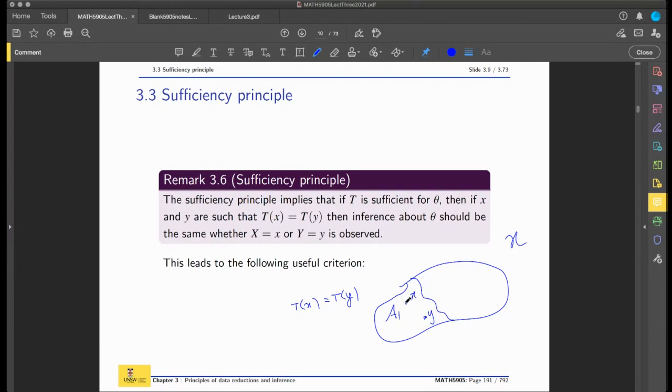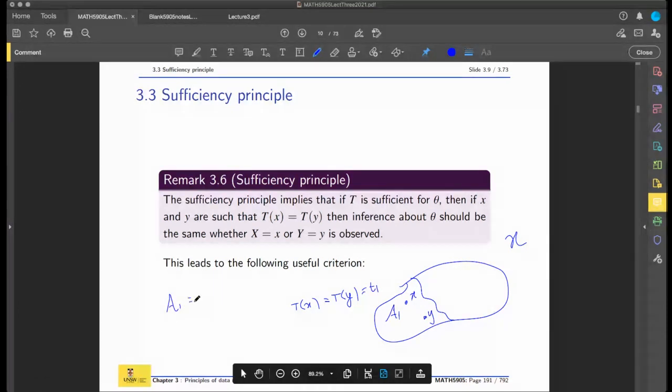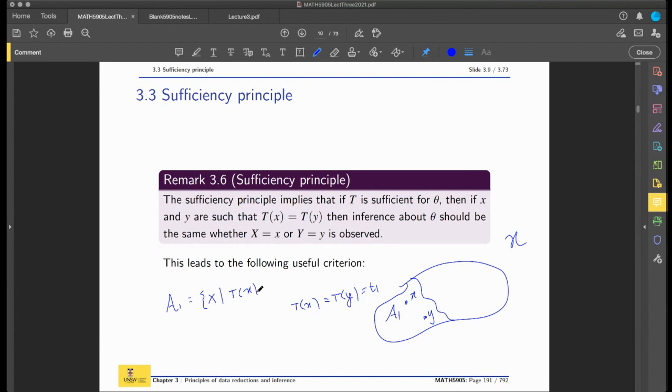There's no additional information in knowing where I am in the set A1, just that I'm in the set A1 is all I need to know to say something about theta. So they take the same value, say maybe T1, for example. And this set A1 is defined as all the values x such that the statistic t of x takes this value T1. And you do that for all others until you finally partition your whole sample space X of observations.